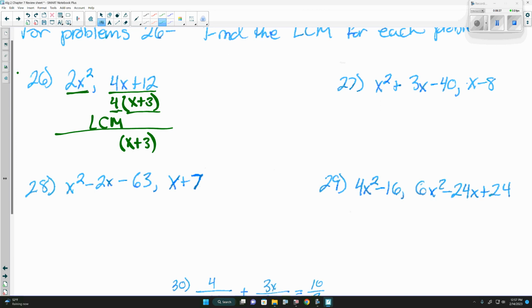Which means now we're looking at the 4 and 2x squared because they're individual terms. Well, the first number we can turn both 2 and 4 into is 4, but we'll also need the x squared. So this is just 4x squared times x plus 3. That would be the least common multiple.